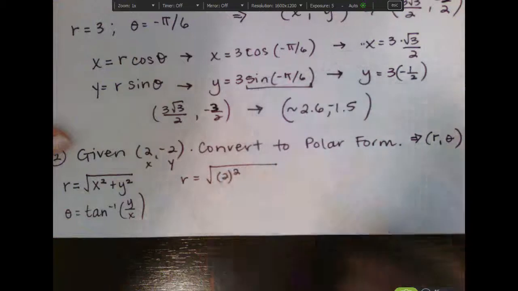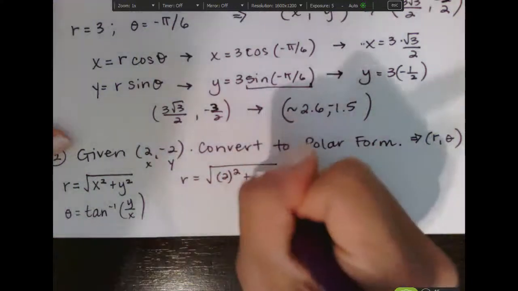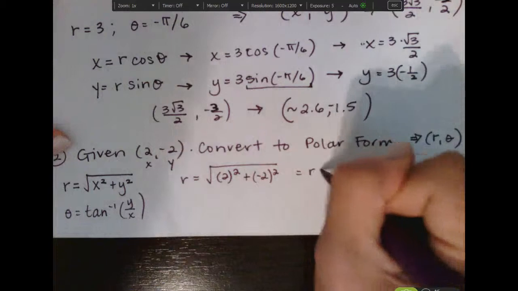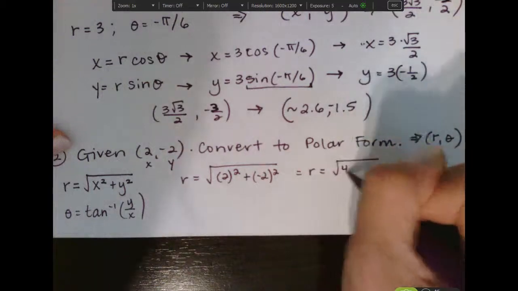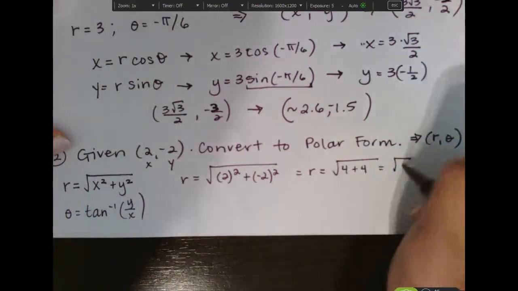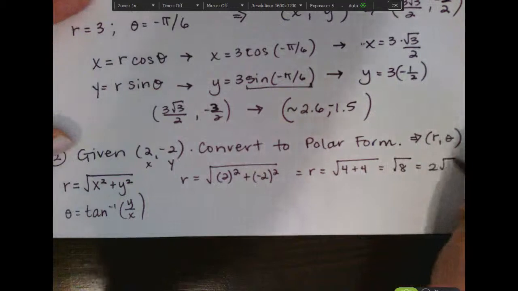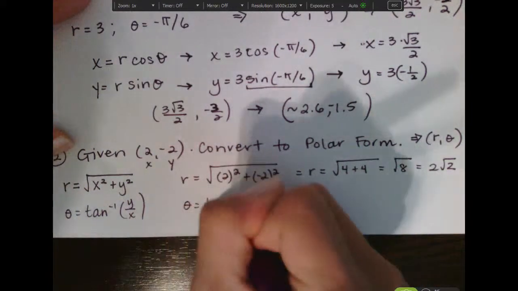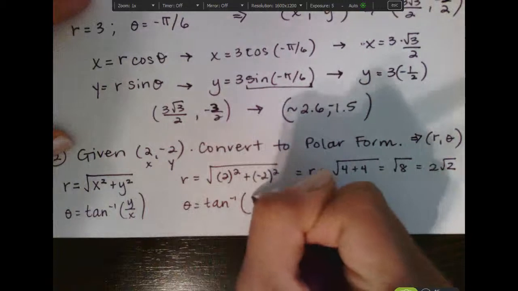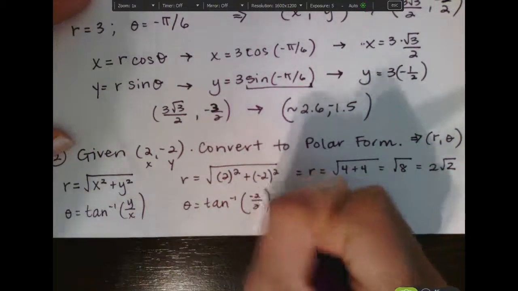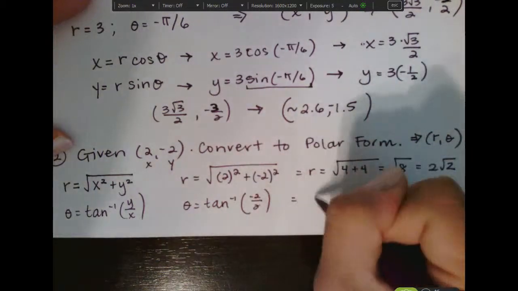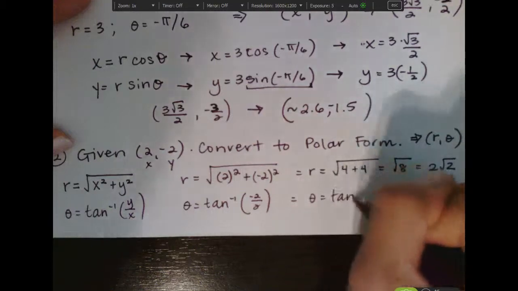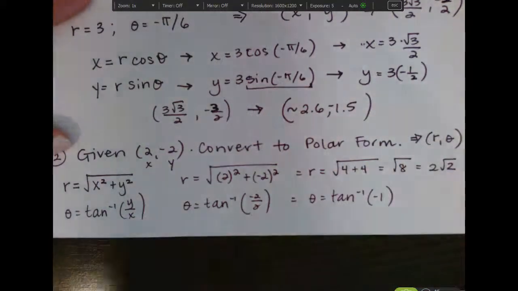So if I take these basic equations and I plug the x and y that I have into them, I'm going to get that r equals the square root of 2 squared plus negative 2 squared. And that will be 4 plus 4, so the square root of 8, or 2 root 2. And then for theta, I'm going to be doing the inverse tangent of negative 2 over 2, which means that theta equals the inverse tangent of negative 1.